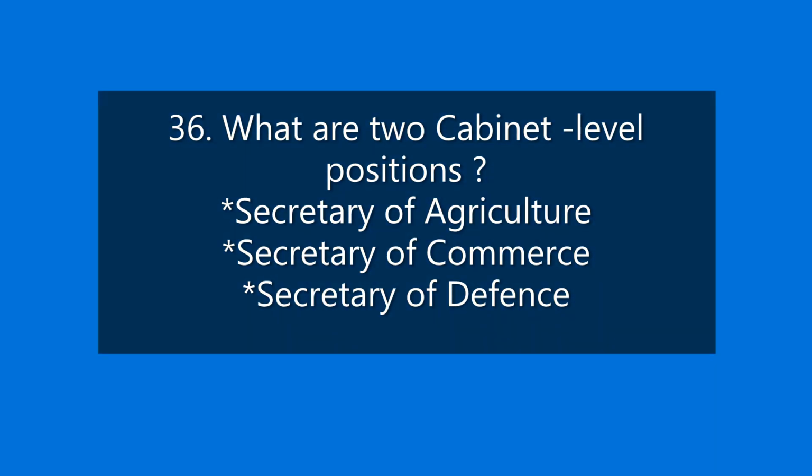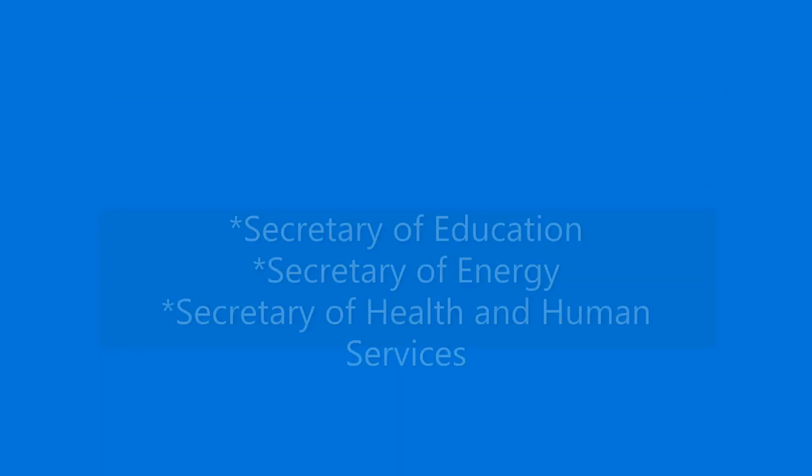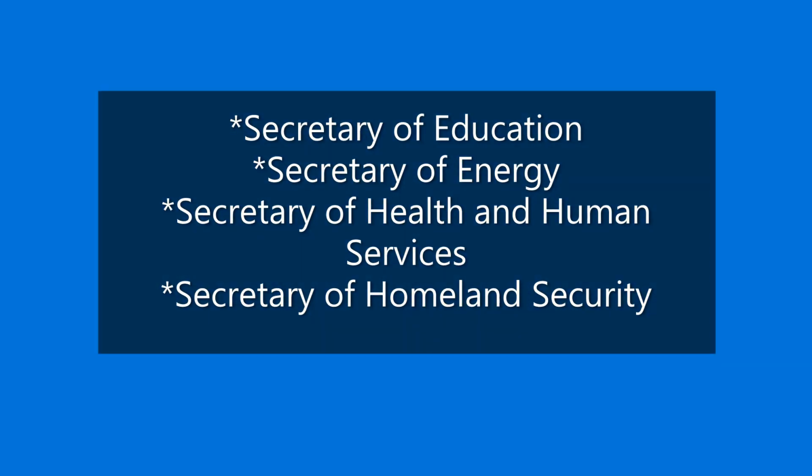Question number 36. What are two cabinet-level positions? The answer: you can choose any two from the following 16 positions. So for example, here, you should say the two cabinet-level positions are the Secretary of Agriculture and the Secretary of Commerce.